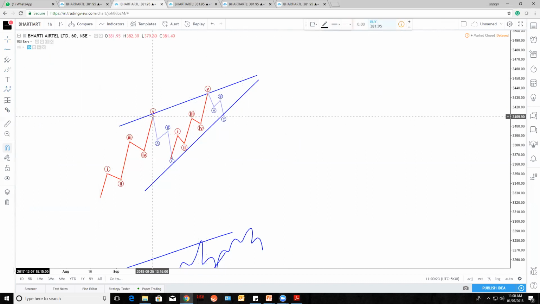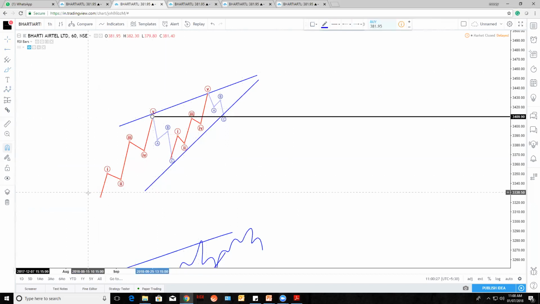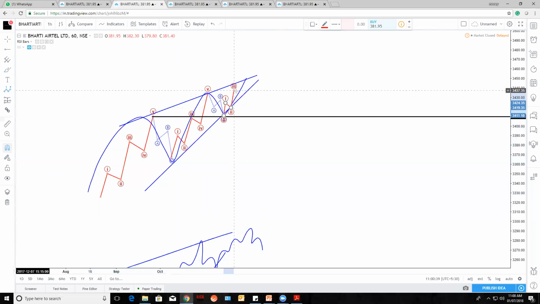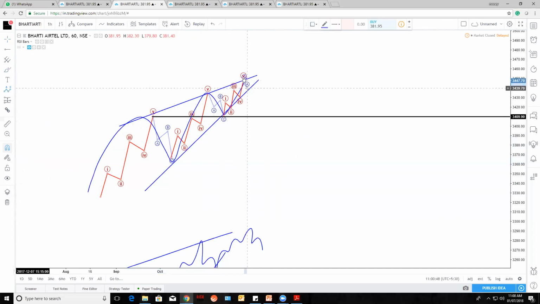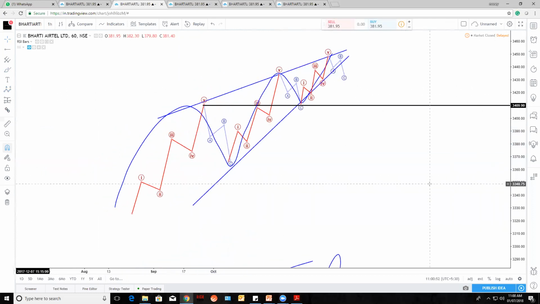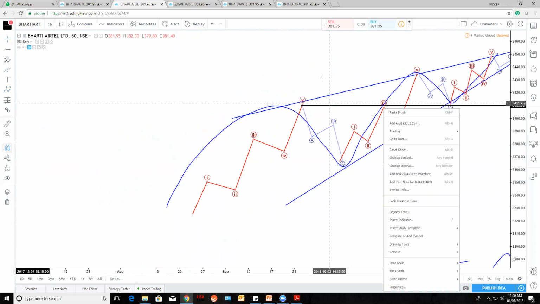This is the wave 1 now, a bigger circle, like wave 1, wave 2, wave 3, wave 4 and wave 5. I'll write that too. Let's say this is the diagonal.